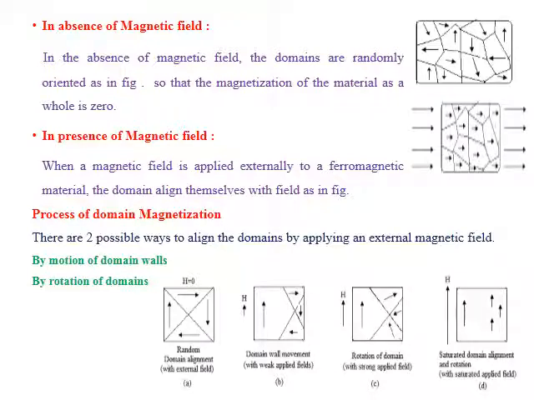So the top diagram is a representation of orientations and domains in the absence of an external magnetic field, which has random orientation when comparing domain to domain.